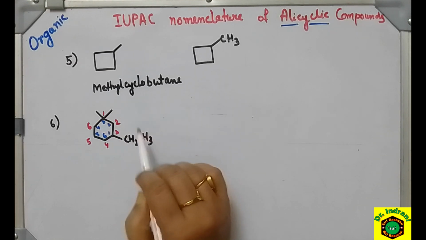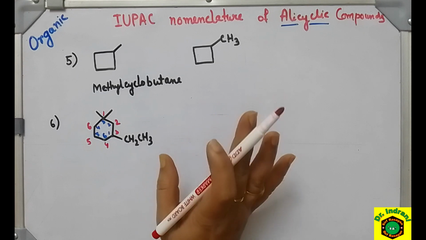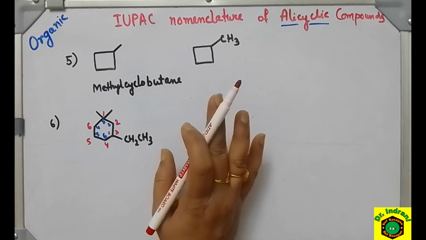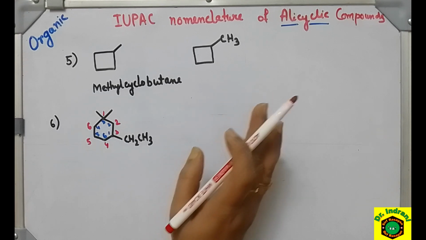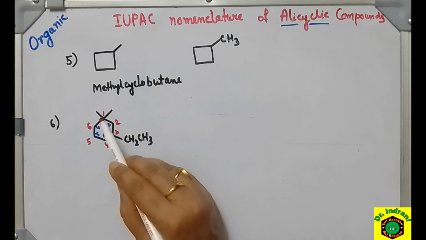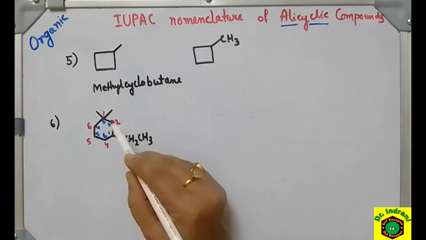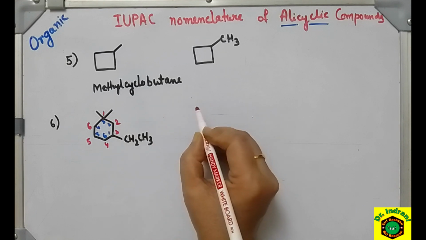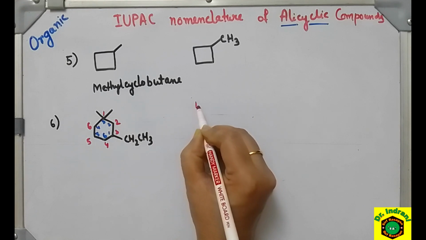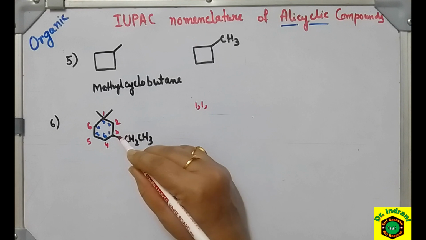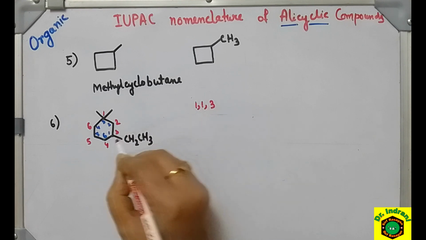Once again I am repeating, numbering is done in such a way that the substituents get the lowest set of locants. Now see, if I do it like the red numbering, at one position 2 methyl groups are there, so we repeat the number 1, 1, and here at 3 an ethyl group is there.